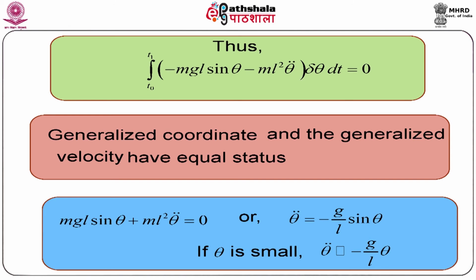Therefore, θ̈ = −(g/L) sin θ ≈ −(g/L) θ, since θ is very small, so sin θ is nearly equal to θ. This is the equation of motion of a simple pendulum of length L.